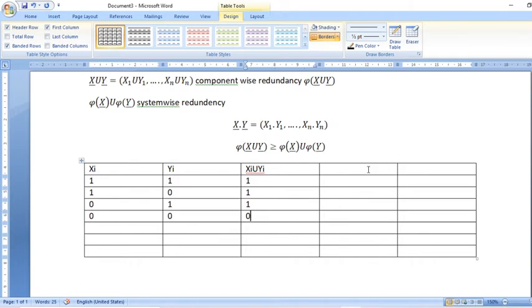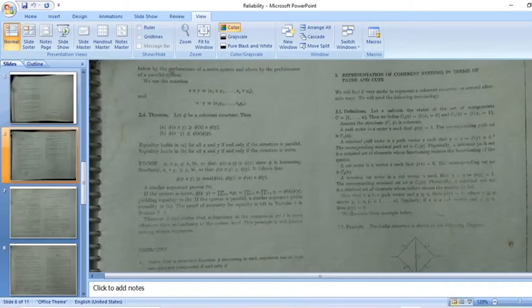Okay, so now in this case we can say that xi union yi is greater than or equal to xi.